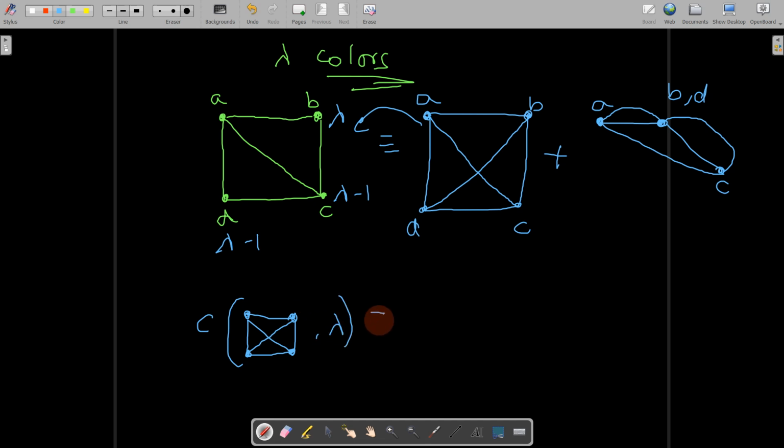This will be equal to the number of ways you can color this graph, where we have removed the edge BD. We will call this edge BD as E. We have removed this edge E.